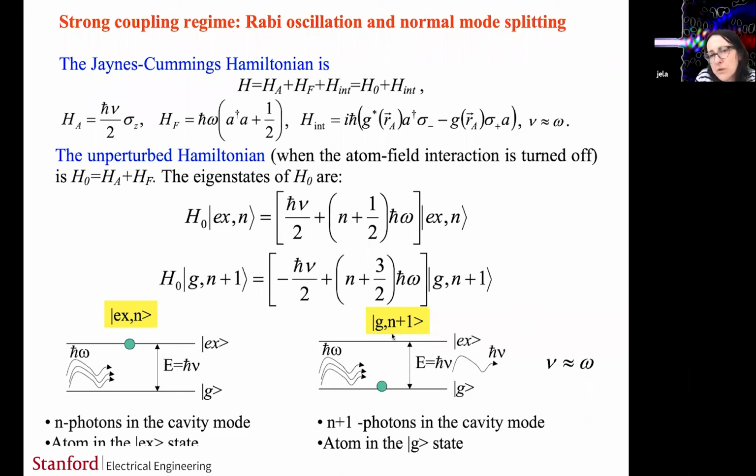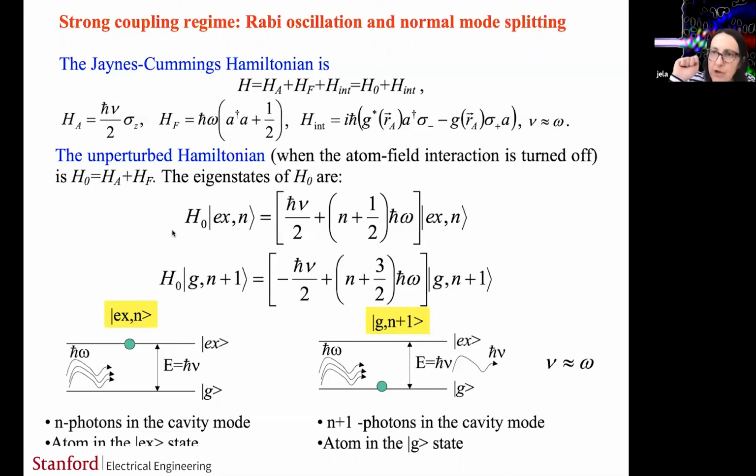So that could be coupled to G, n plus 1. Of course, n could be 0 or could be 100. I can start with a different number of photons initially, and that would lead to different results. But if I start from Ex, n, I can only couple it to G, n plus 1. So these are energy eigenstates of the system without interaction.